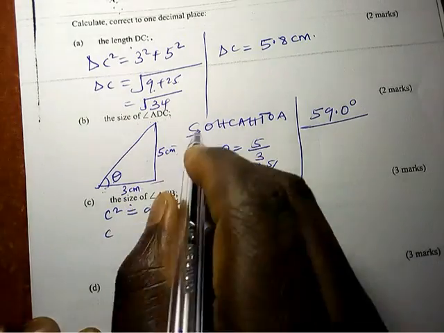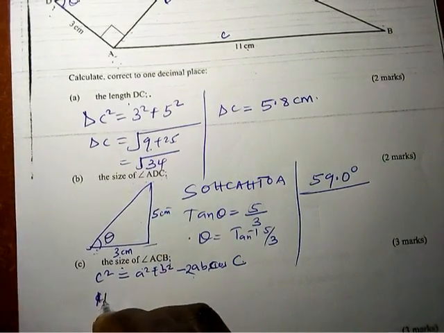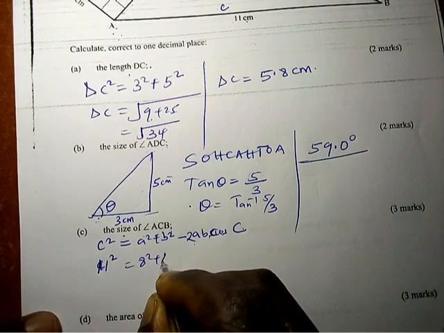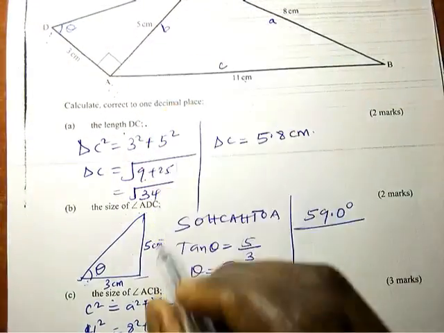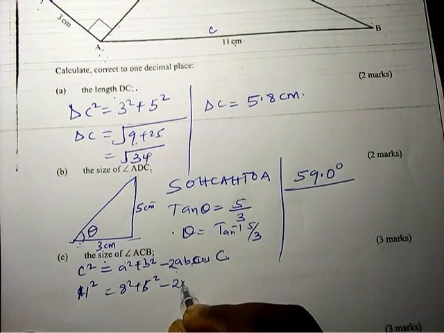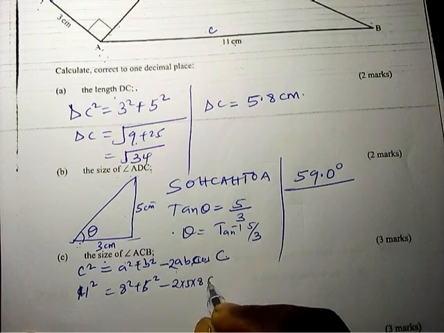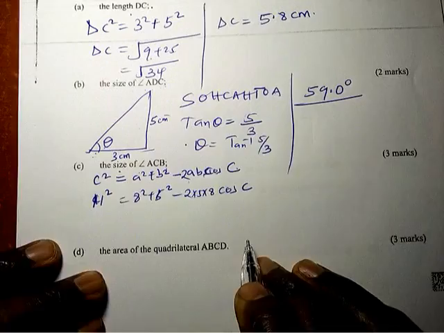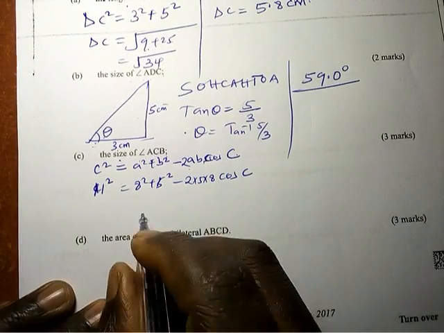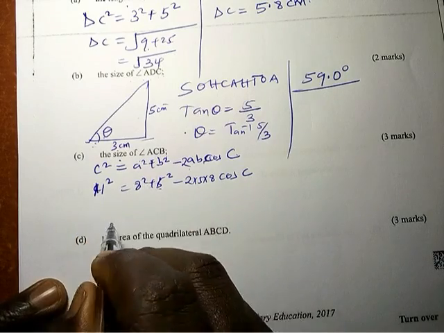So C square, we have C, which is 11 square, equal to 8 square plus 5 square, minus 2 times 5 times 8 cos C. We are looking for that cos C. Next, we bring this one on this side.